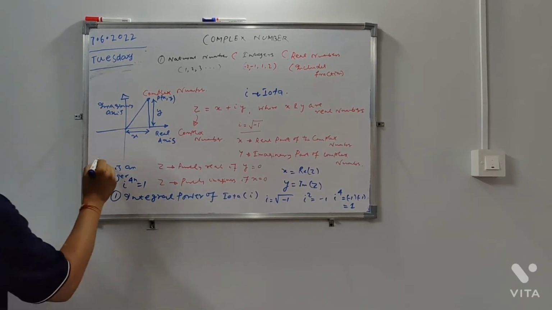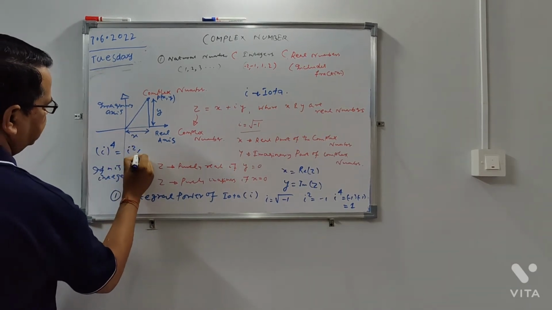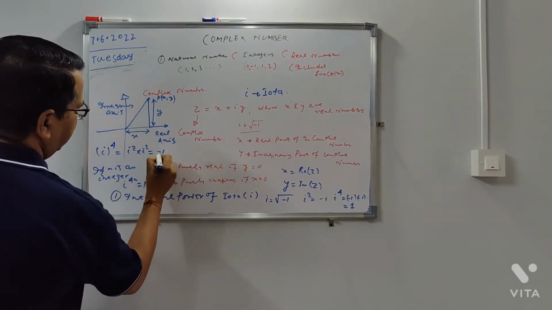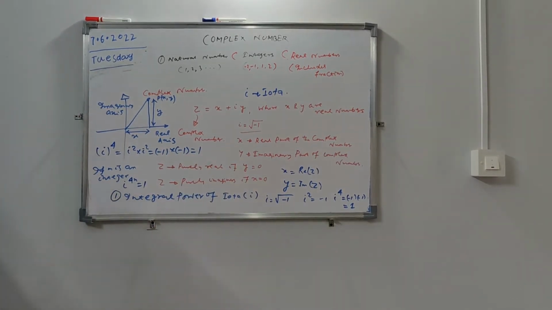So like I said, i to the power 4 is nothing but i square into i square, which is minus 1 into minus 1, which is equal to 1. So this is my i^4.